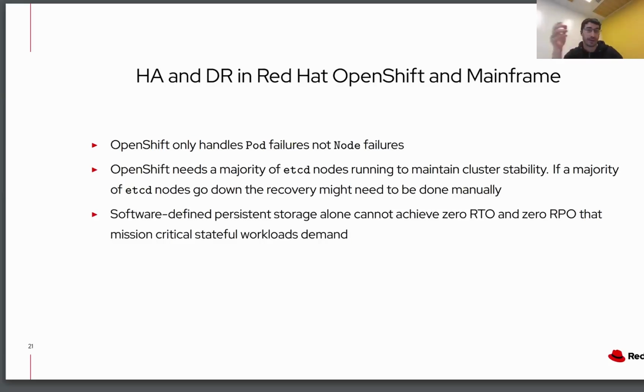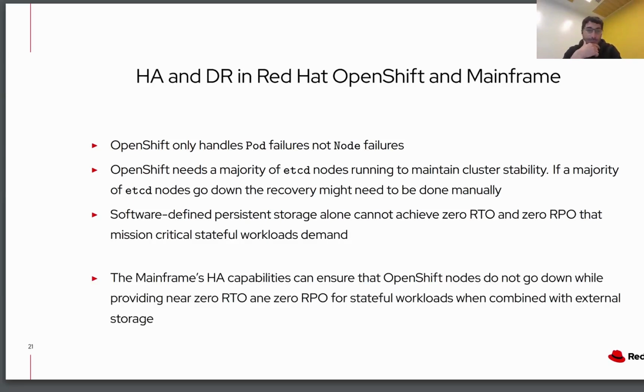And also, the whole OpenShift Kubernetes is software defined, which means that a lot of times, if it's associated with software defined storage as well, RTO0 or RPO0 are not things that can be done. Those are known limits of those kinds of architectures. They do have a lot of advantages, but they do have limits as well.